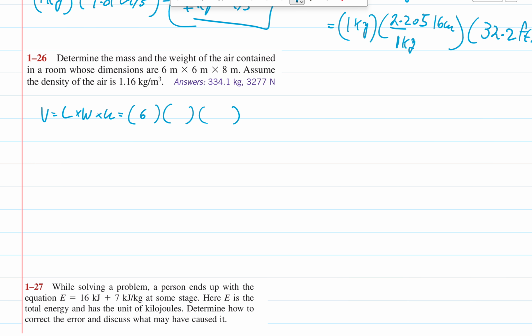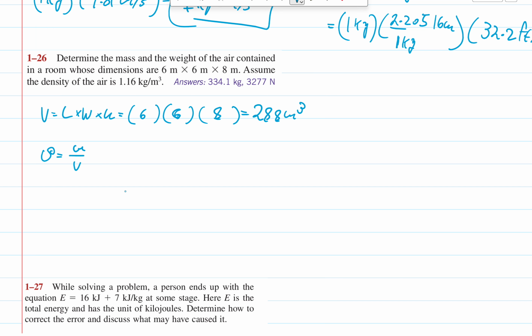So 6 multiplied by 6 multiplied by 8 gives you a value of 288 meters cubed. All right. And we know that the formula of density is equal to mass over volume.